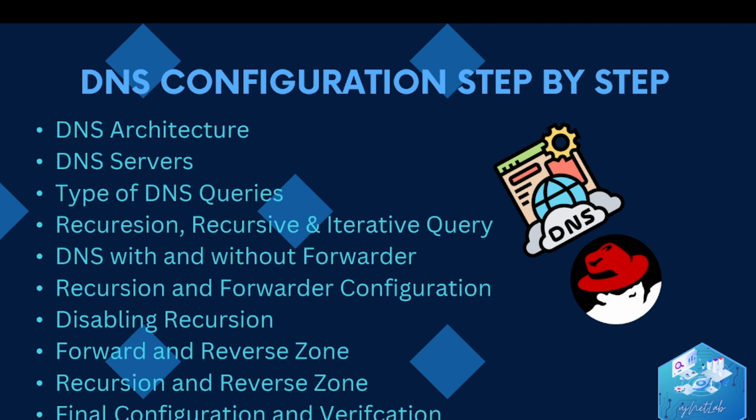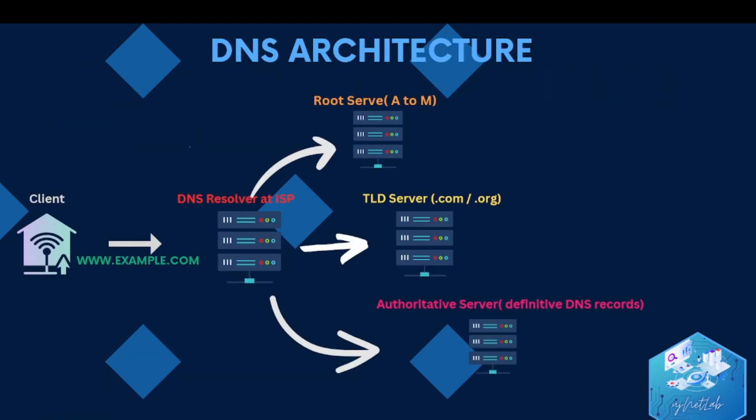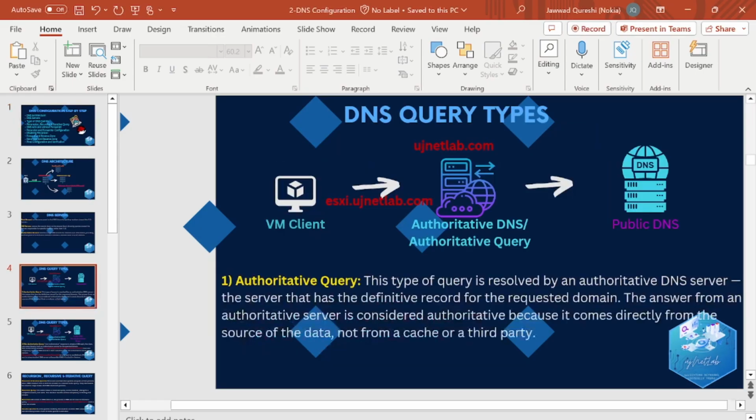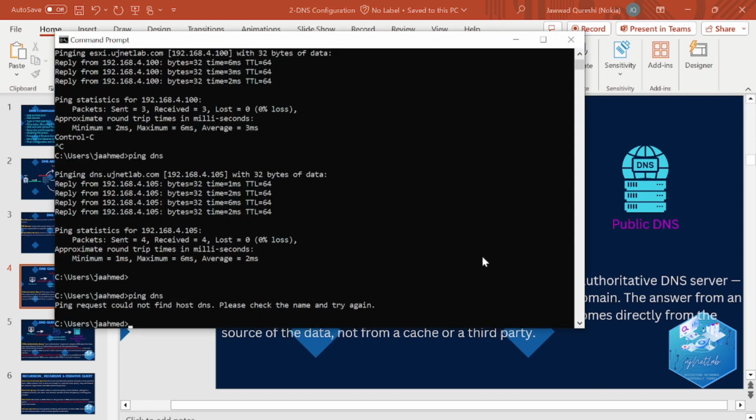And then finally we verified from our laptop, which was acting as a client, by making an authoritative request to ujnetlab.com, and it was able to resolve. One thing we did not check is ping www.google.com.